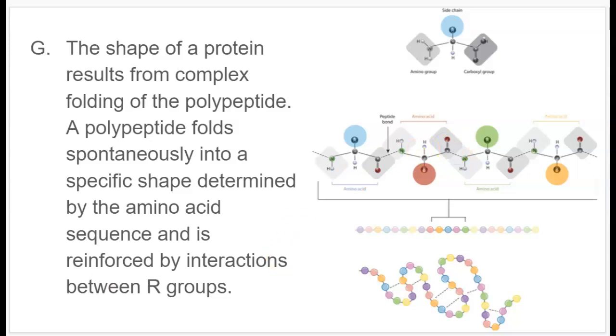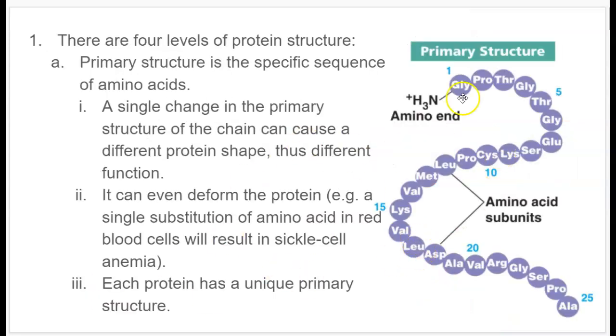So you have chemical bonds that are forming. You have covalent bonds forming, you have hydrogen bonds forming, and sometimes it's going to be chemical bonds between sulfurs, and those are called disulfide bonds. And so you have different things that are happening.